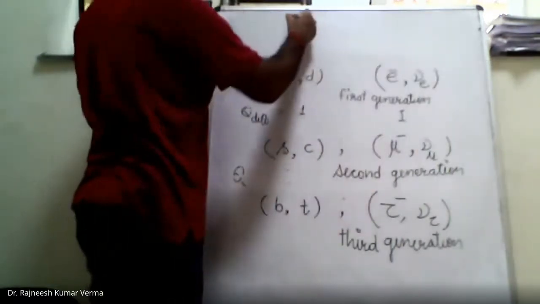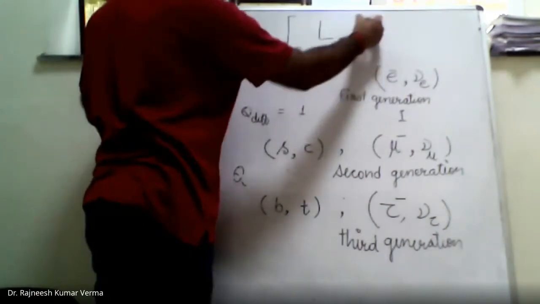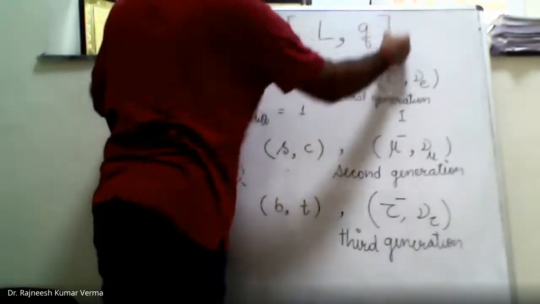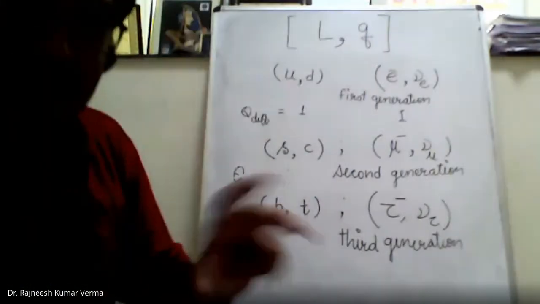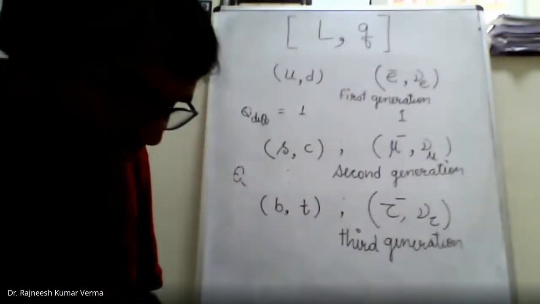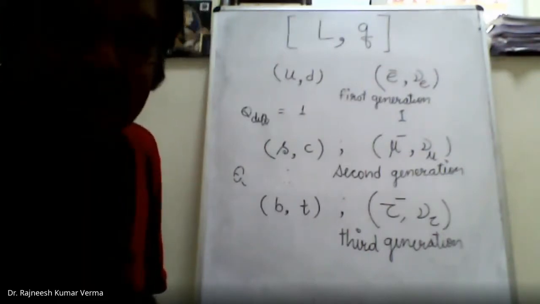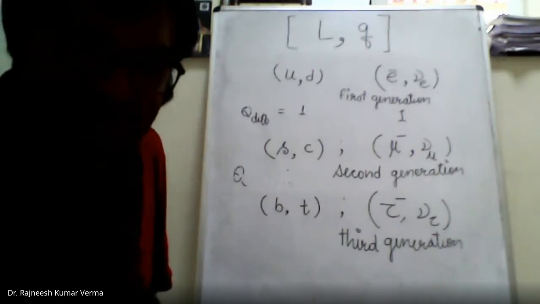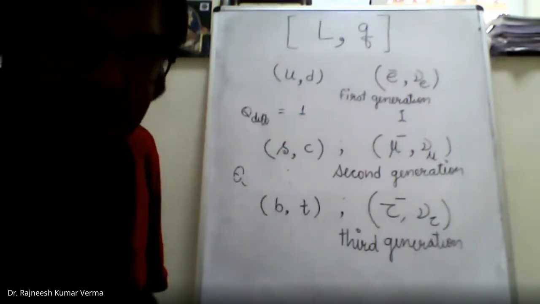The entire world you see can be written inside this small bracket, which has only two kinds of particles, two components. Which ones? The capital L, which stands for leptons, and small q, which stands for quarks. This is the set of which the entire world is composed.